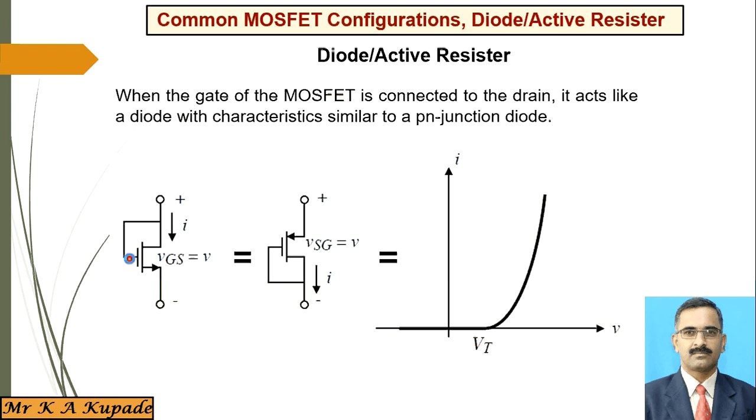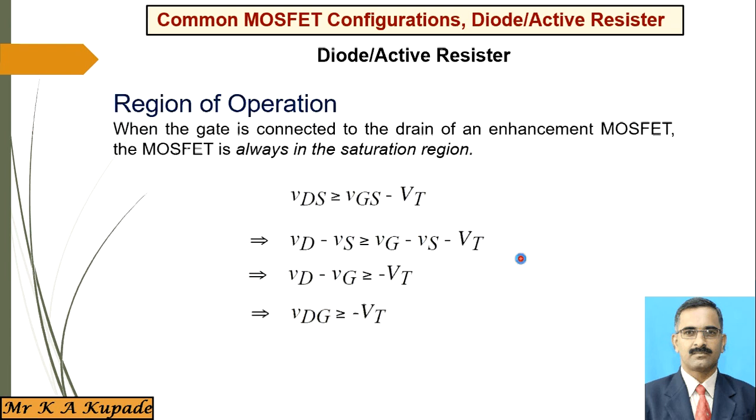So the gate has the positive voltage, and this portion from drain to gate you may say is a PN junction condition. And when this voltage reaches this Vt, only then does the MOSFET get turned on. That phenomenon is considered, and due to that you get this particular graph. So this is the thing.